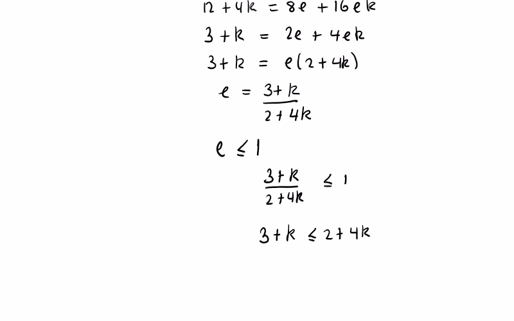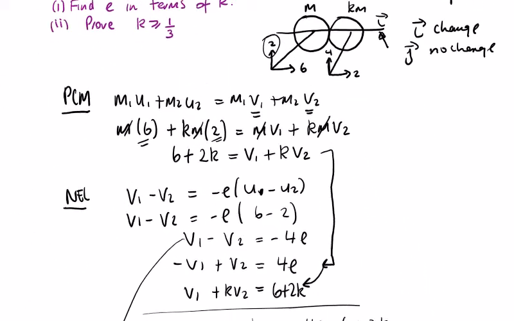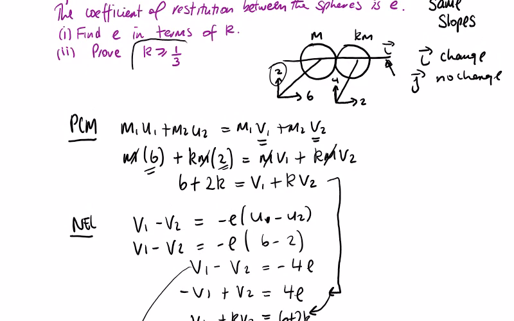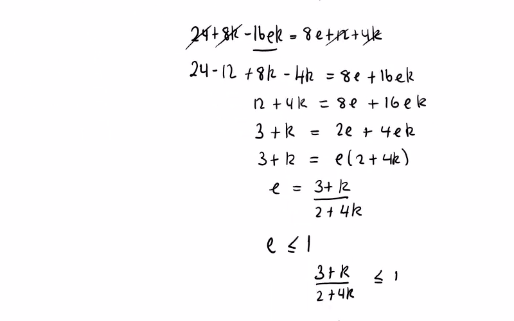If I bring my 4k to the left, I get minus 3k less than or equal to minus 1. And when we multiply by minus 1, we have to reverse the inequality. So k is greater than or equal to 1 over 3, which is what we were asked to show. So that's this question finished.